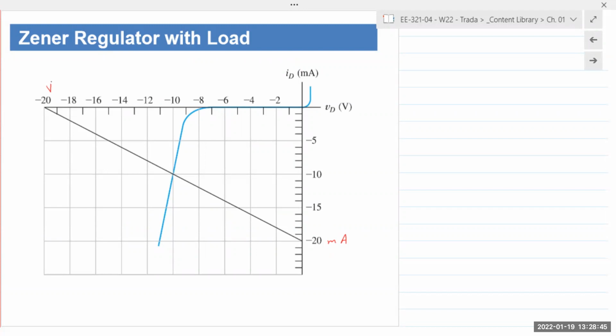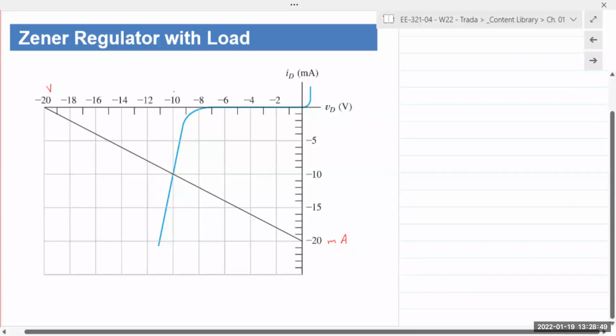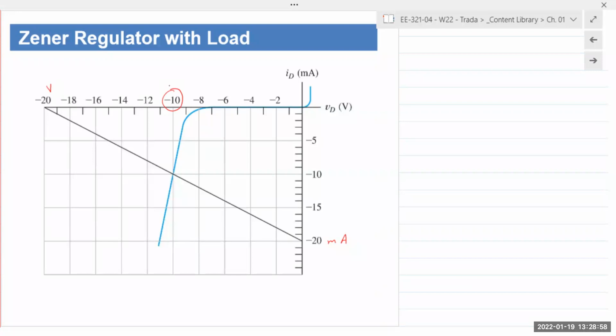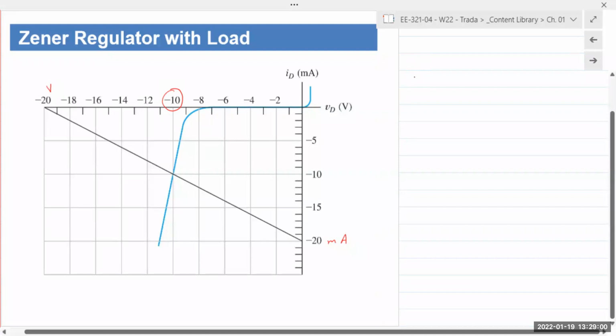Now it intersects conveniently right at 10. So voltage for the Zener diode, or the output voltage, is 10 volts. So the intersection point, which is our operating point, is at minus 10 volts and minus 10 milliamps.